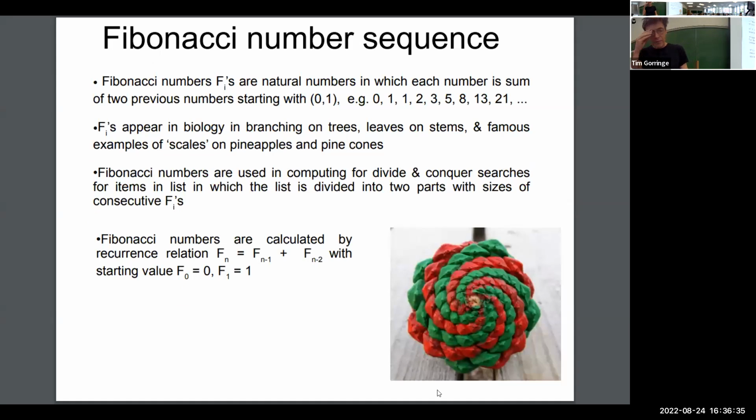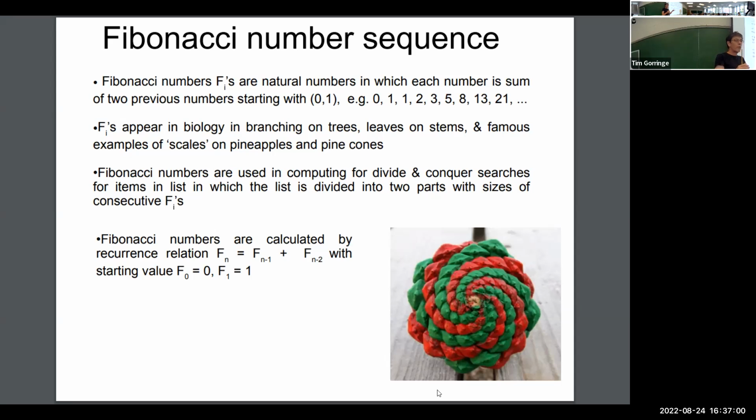The other numbers I wanted to mention, and this is related to the homework problem, is this Fibonacci sequence of numbers. In this case, the numbers are predictable with an equation. There is a simple equation for the numbers.